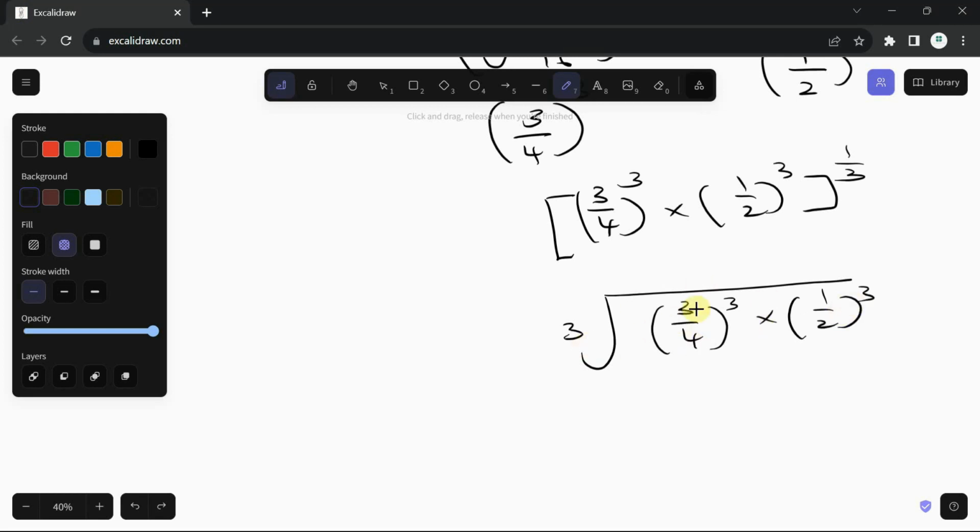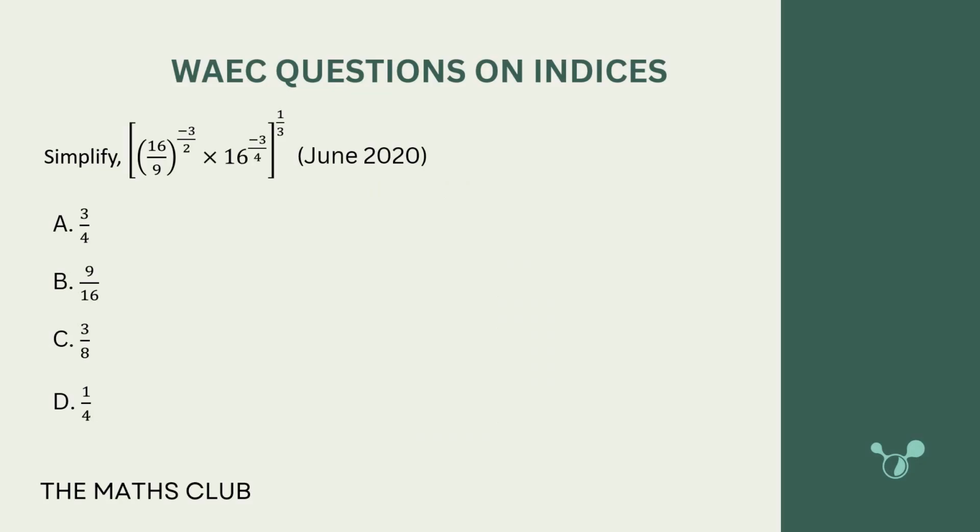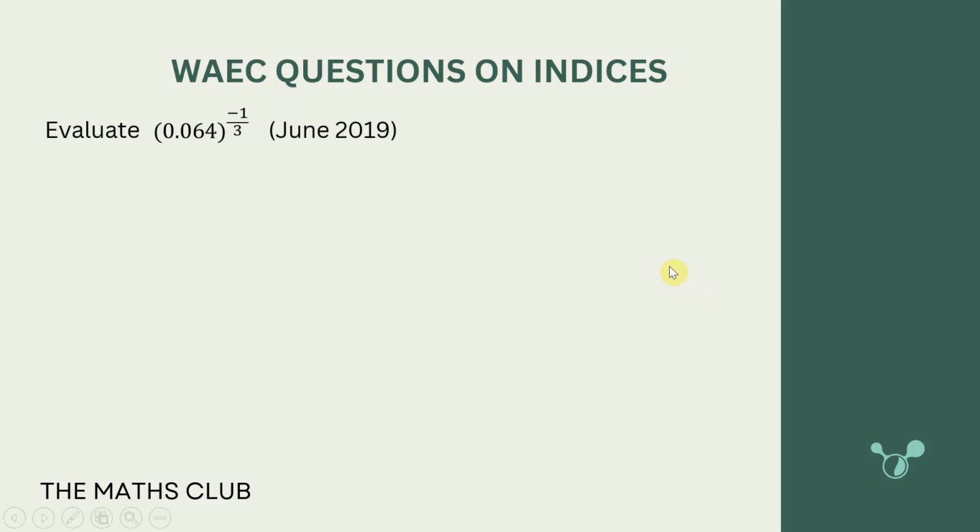Because this is the cube root of a cube, of course it just goes to be the value. So this will just be 3 over 4 times 1 over 2. And if you do the multiplication, you're going to have 3 over 8. So this is actually the solution for this particular question. This is more like an application of all of the things that we've been doing on indices, especially the laws of indices. So that is option C. Great. Now let's look at this other question. It says evaluate 0.064 raised to the power of minus 1 over 3.